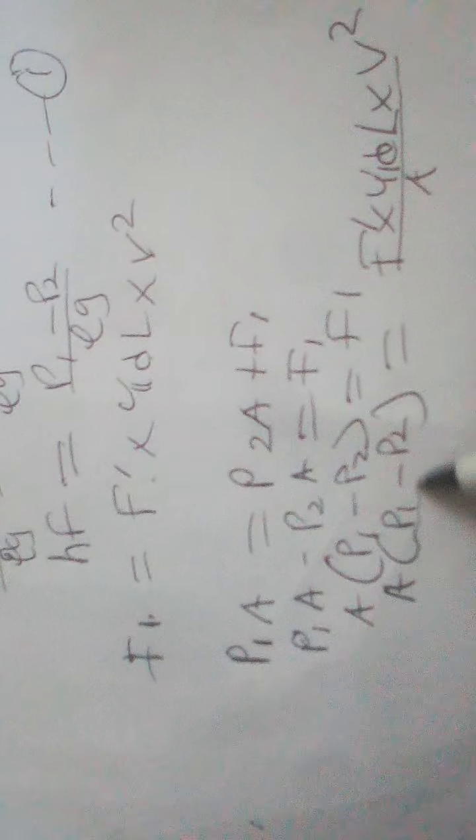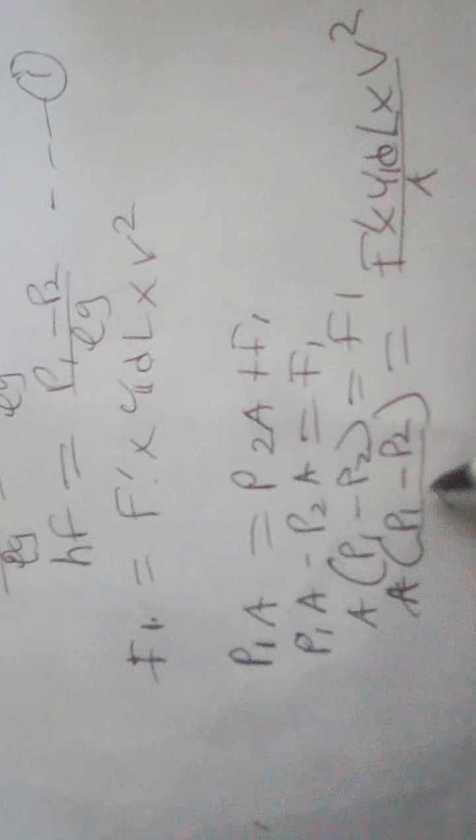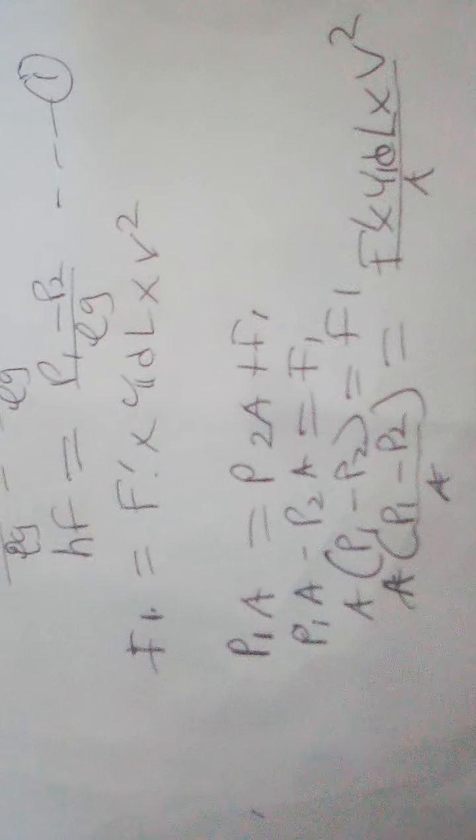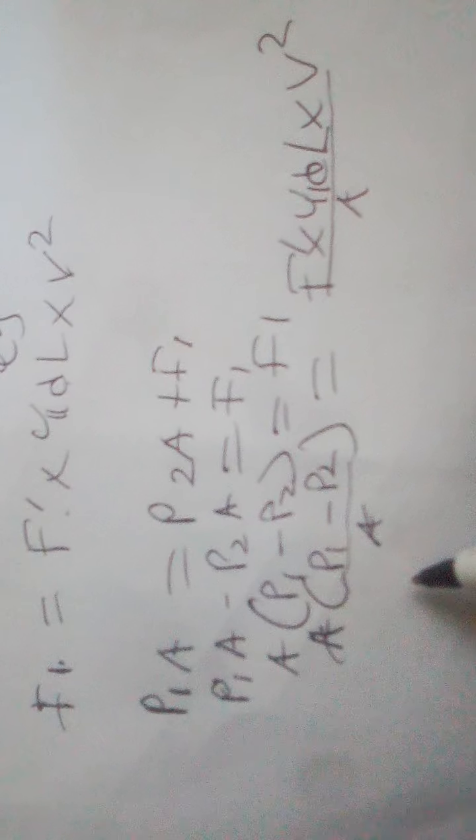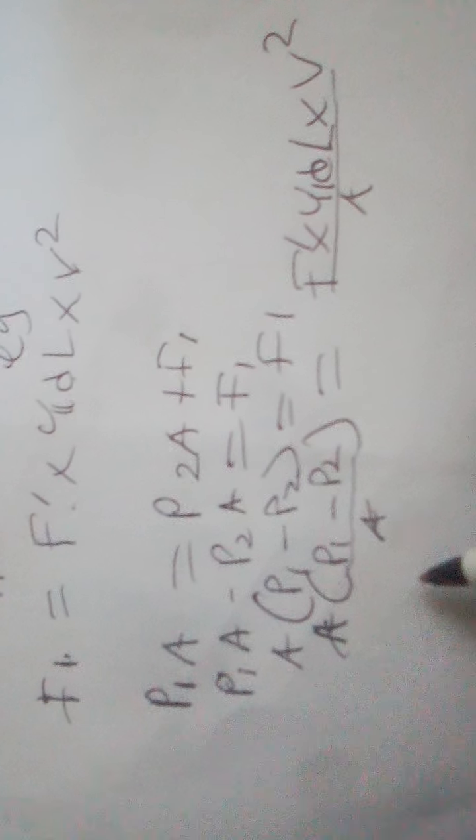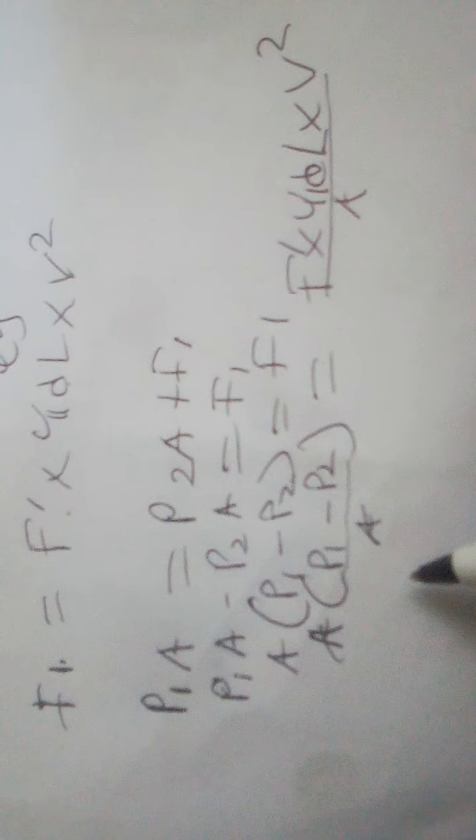You divide both sides by area. This cancels, and they remain like this. After that, by solving this one, we saw at the first it is this.